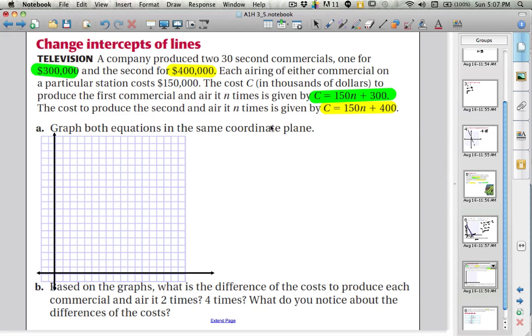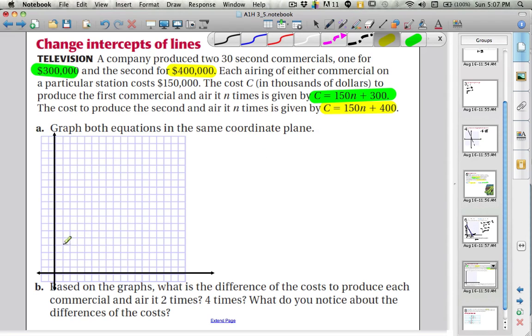And what I think I want to do is go ahead and find my intercepts and then follow the slopes. So what we might want to do is go by, I'm going to think of my scale here in terms of hundreds.